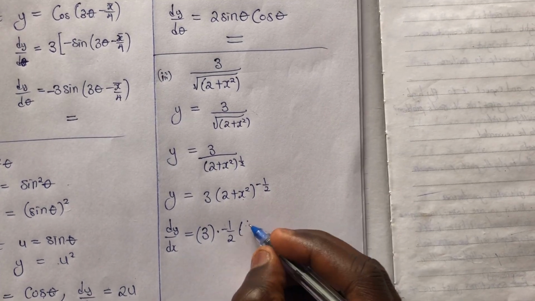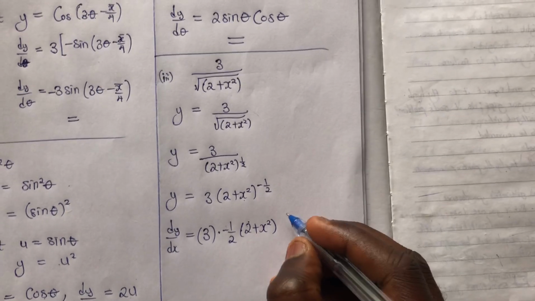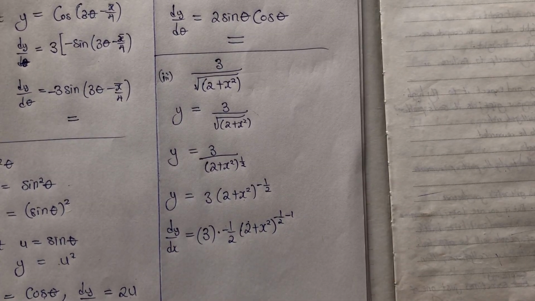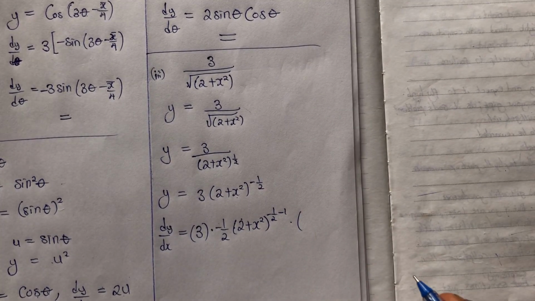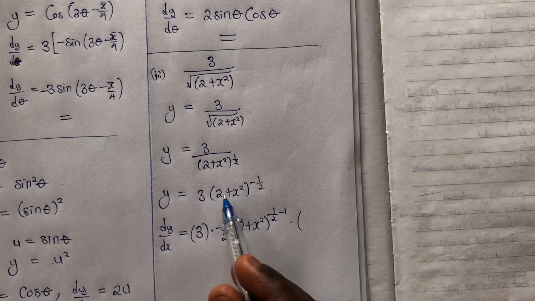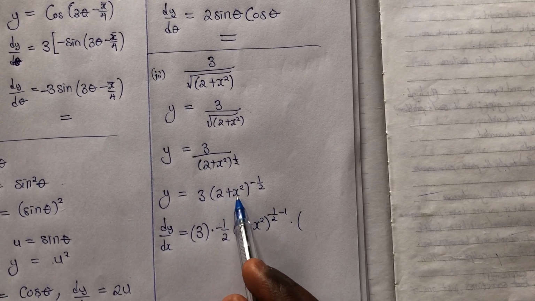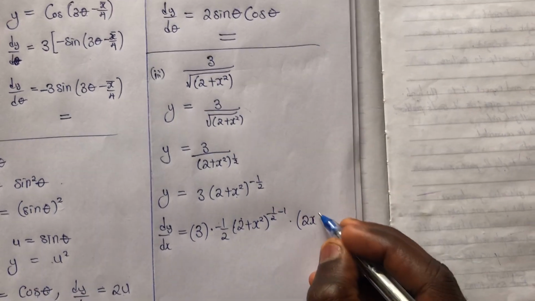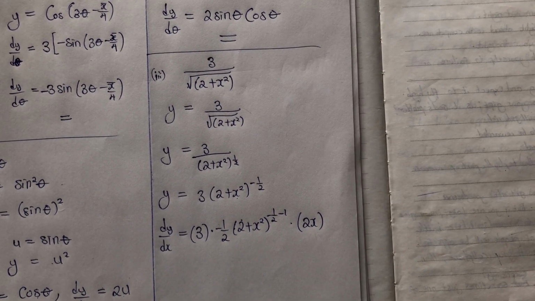Then the power is 1 over 2, you reduce it by 1, negative 1 over 2. Then finally, you multiply the whole result by the differential of the bracket. When we differentiate 2, we get 0. And when we differentiate x squared, we will get 2x. So this is it. The rest is just adding and manipulating the function.